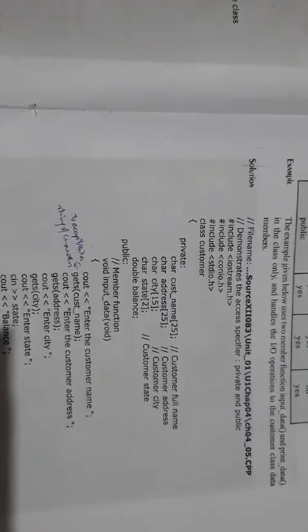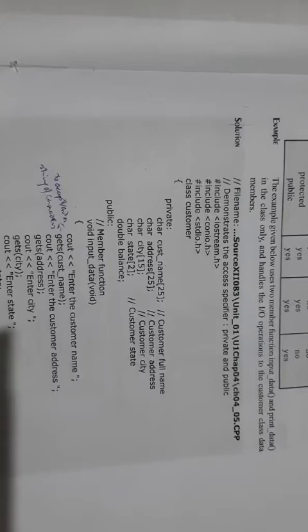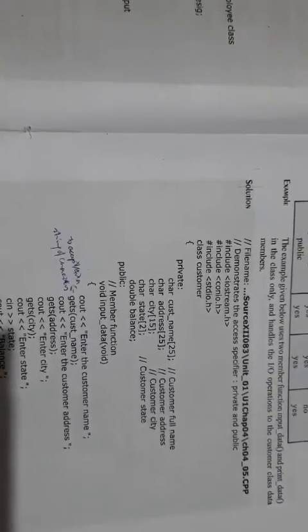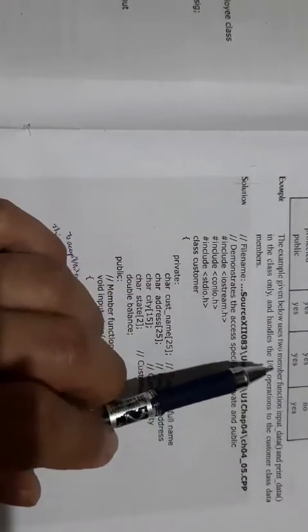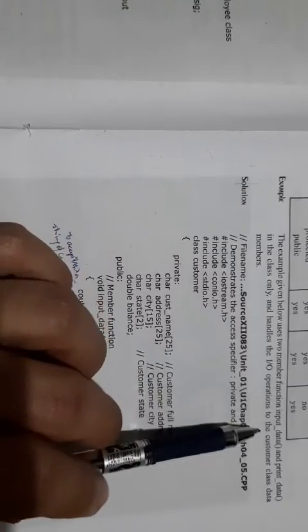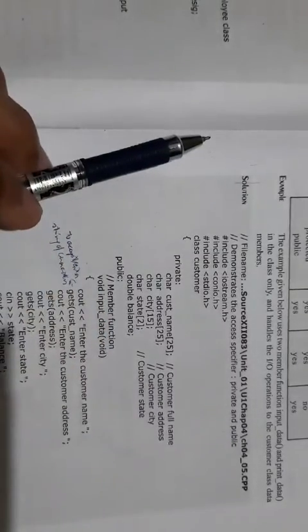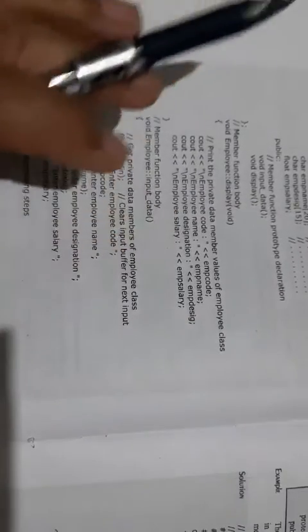Now if you see this particular program, the example given below uses two member functions, input data and print data. Yesterday also we saw that two member functions were used: void input data and void display. In yesterday's program we saw a change from the first programs.